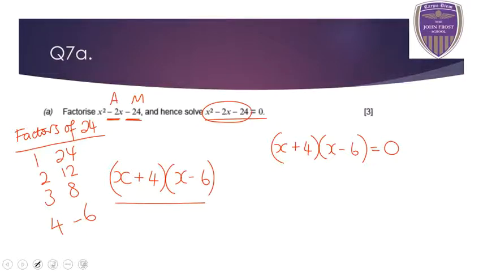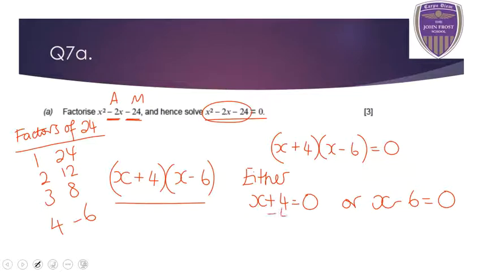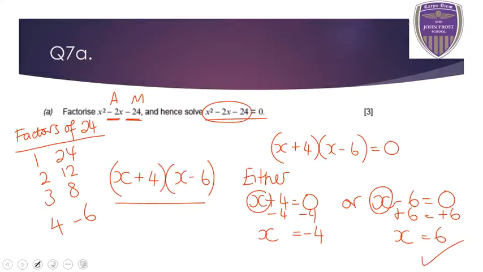Now for this to be solved, either x plus 4 is 0 or x minus 6 is 0. Take 4 away on both sides, and x will be -4. To get x on its own in the other, add 6 to both sides. So x will be 6.